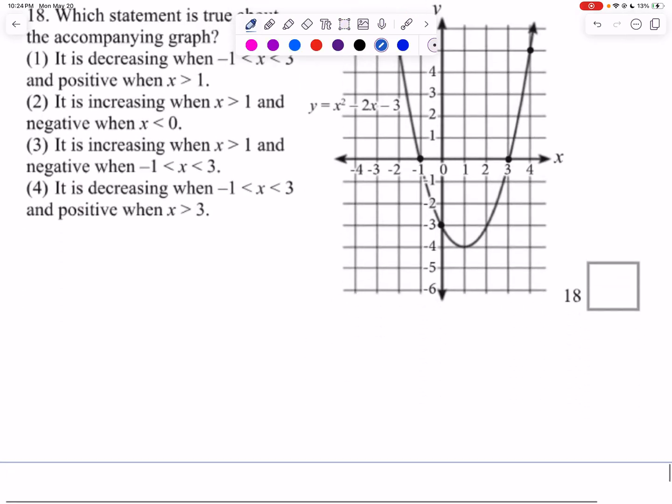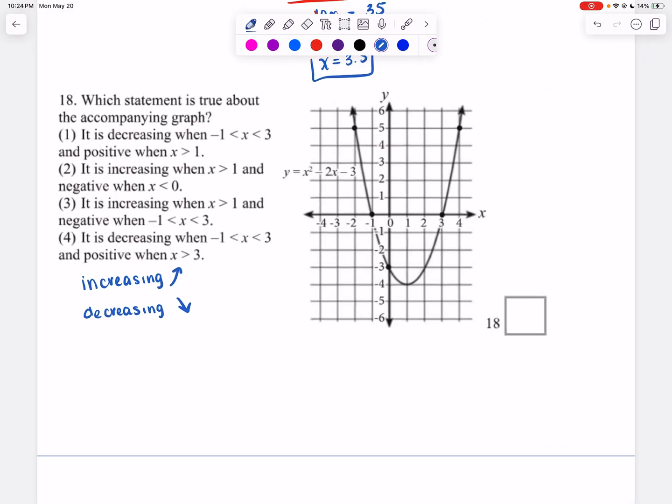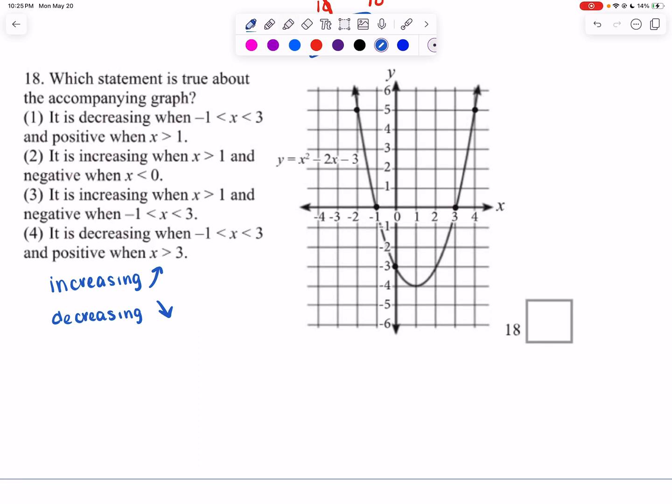So let's just make some quick notes again. Increasing is when my graph is going up. Decreasing is when my graph is going down. And on your graph, I'm going to shade the positive region purple. The positive region is when your graph is above the x-axis.